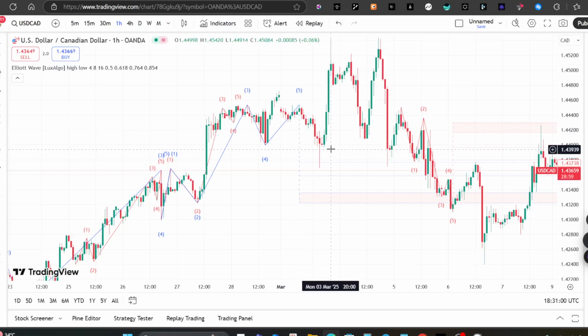A sudden reversal in price action right at the end of wave 5 can be another telltale sign of truncation. So, if you see a sharp move against the prevailing trend, especially at the wave's conclusion, it could mean that wave 5 did not fulfill its expected extension and the trend is about to shift.